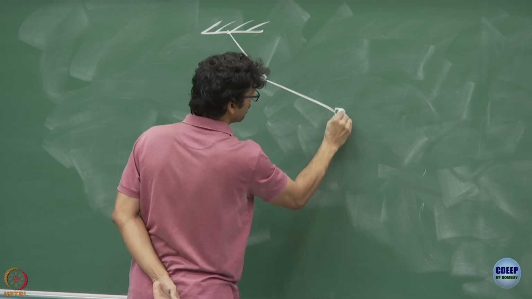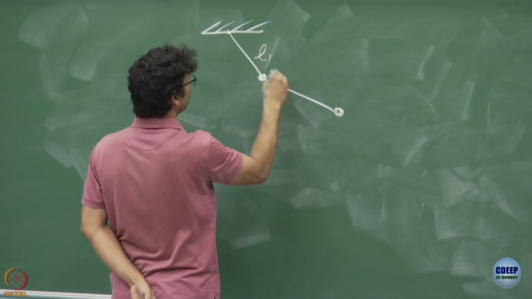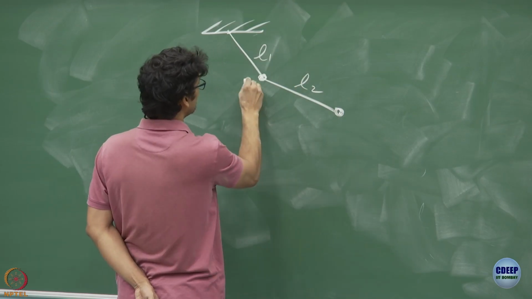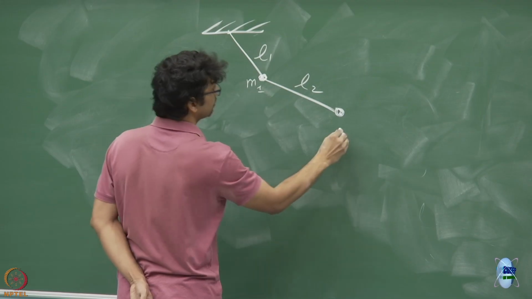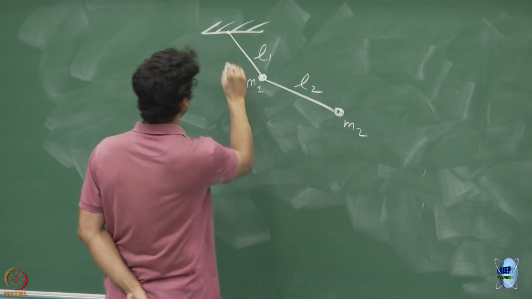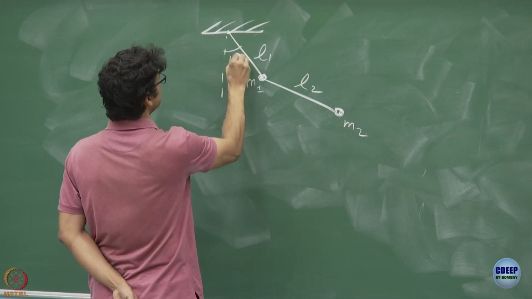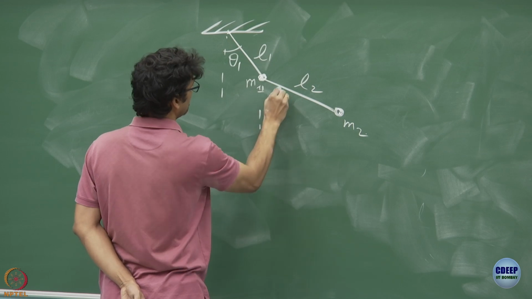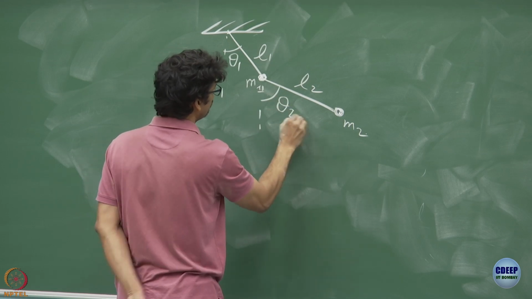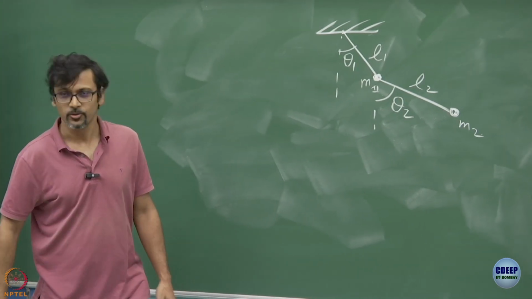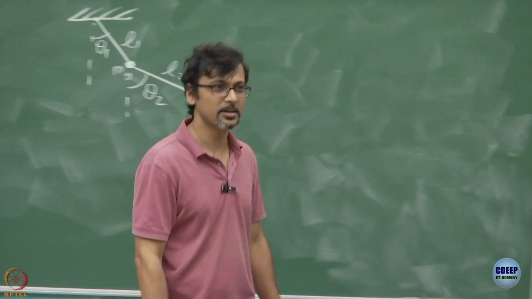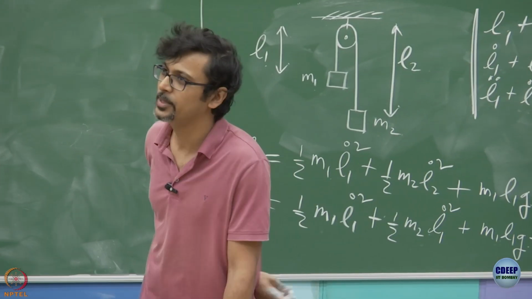A double pendulum now. So this is of length L1, this is of length L2, this is a bob of mass M1, this is a bob of mass M2, and this is theta 1, this is theta 2, okay. Try to do this using the free body diagram and then come back to me and tell me how easy you found that to be.